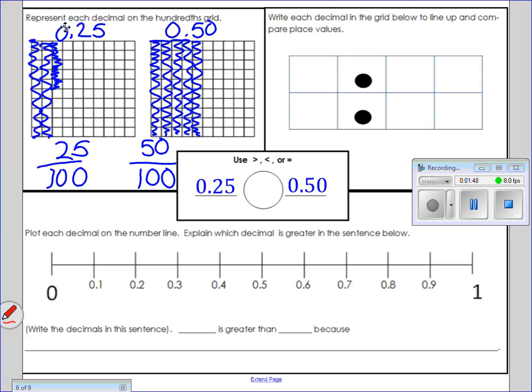I know my first place value before the decimal is my ones place, a big O. After the decimal comes the tenths place, a little t. After the tenths place comes the hundredths place, a little h. When I put my two decimals I'm comparing and line them up, I have 0 in the ones place.